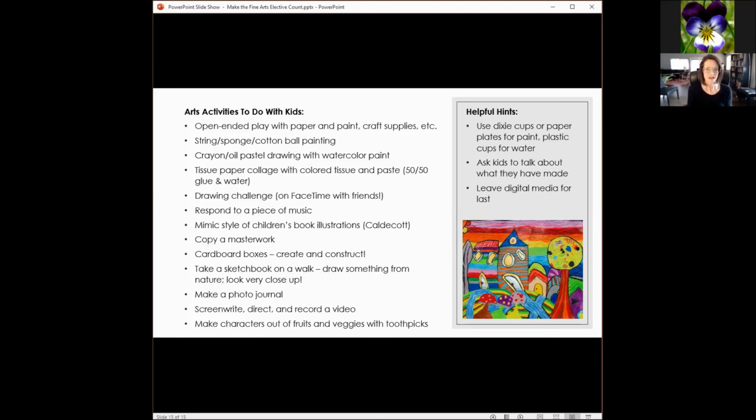And here's a helpful hint for your paint. Put it on a paper plate. If you're using the cotton balls or the sponges or the stamps, put it on a paper plate. If you're using the string, put it in a little Dixie cup. And that way the kids have that contained.